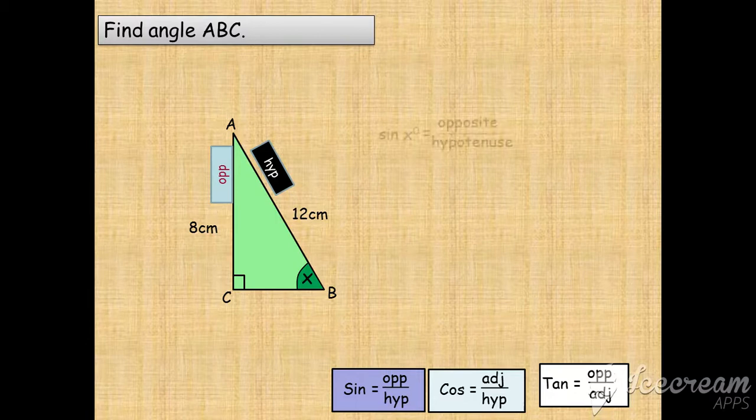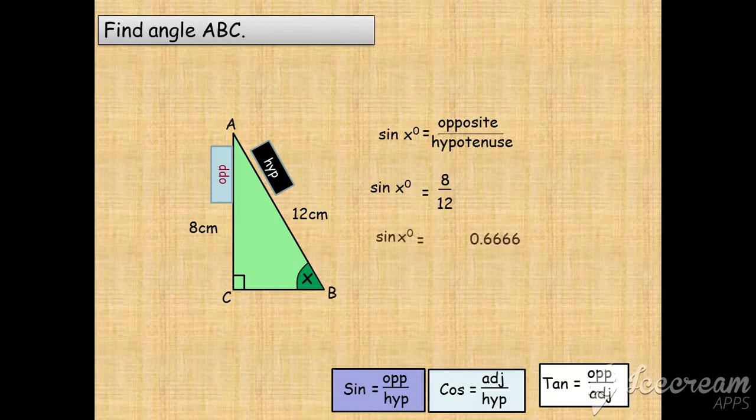Excellent. Then sine equals 8 over 12, that means opposite over hypotenuse. But I need to find the angle, so I'm going to reverse the operation. That means sine inverse of 8 over 12 equals the measure of angle x. Finally, it will be approximately 42 degrees.